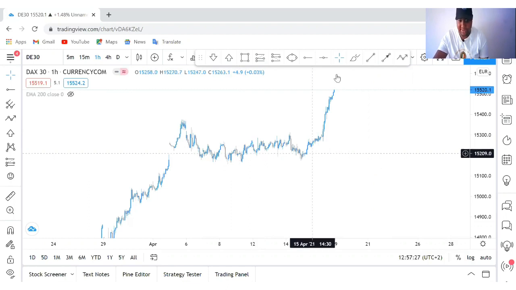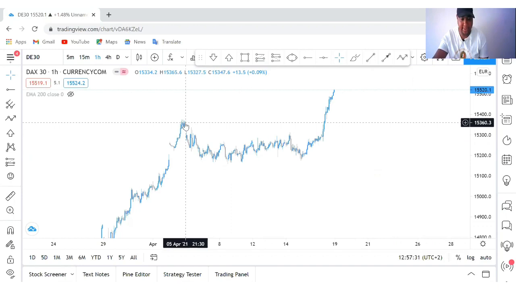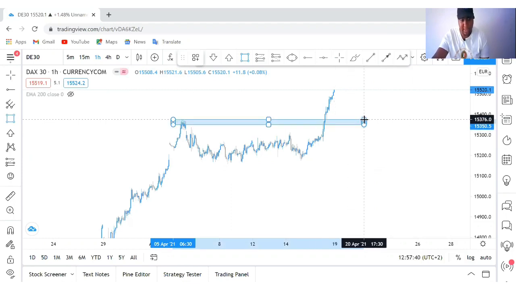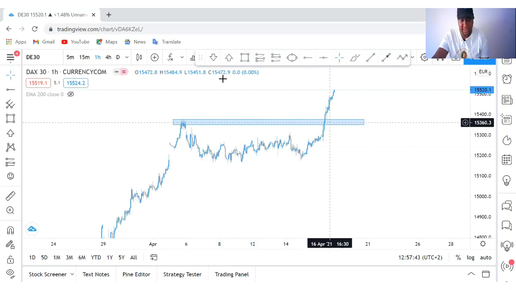I can see that the market is actually giving us a new high, but I want to look at the previous higher high, because we can really identify that the market has given us a previous high. Okay, so I'm going to highlight that and obviously identify that the market has broken that previous high.